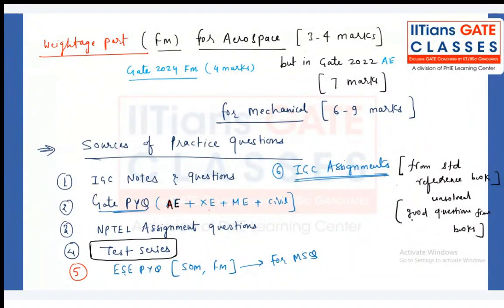Because as a human being, it is impossible to judge a question at the initial level. When you have a thousand unsolved problems, it is very difficult to choose a very good numerical out of them for each and every topic. So it is very essential to have the IGC assignment and solve it, because the good questions from the standard reference book are there.